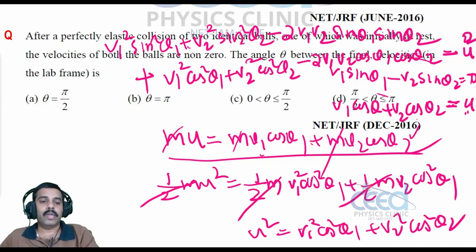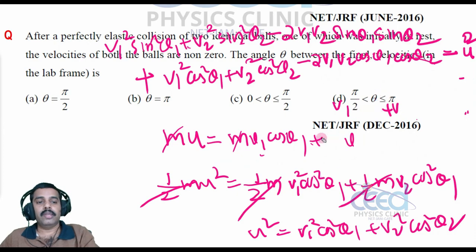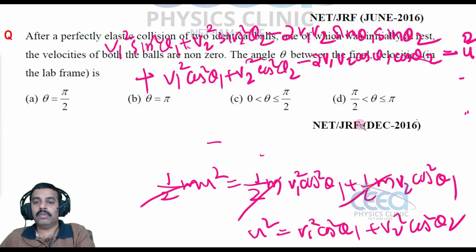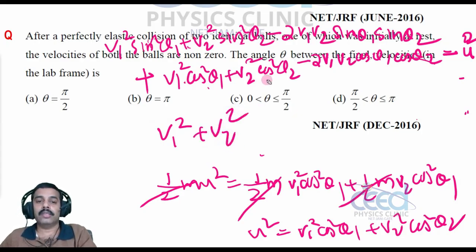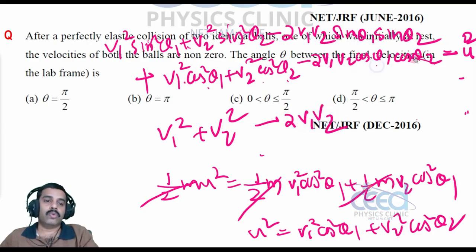Let me simplify. v1 square is common, sin square plus cos square is 1, and v2 square is common, also 1. Then minus 2v1v2 is common with cos A cos B minus sin A sin B.